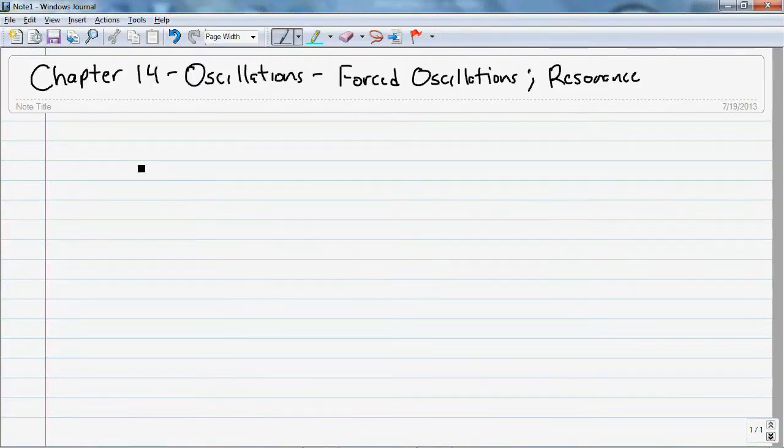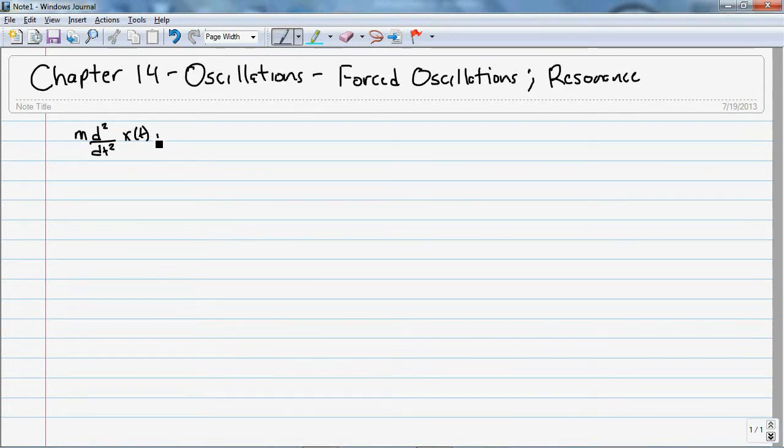Our last topic for this chapter, we're going to be talking about forced oscillations and resonance. So we've been looking at differential equations in this chapter that were homogeneous, meaning that we had some equation when we had a second order.